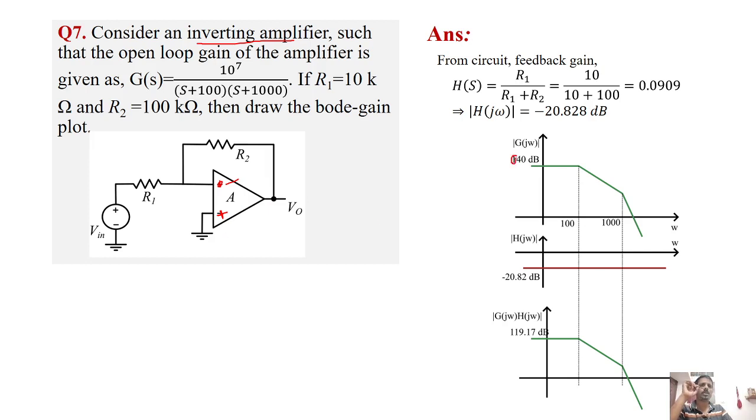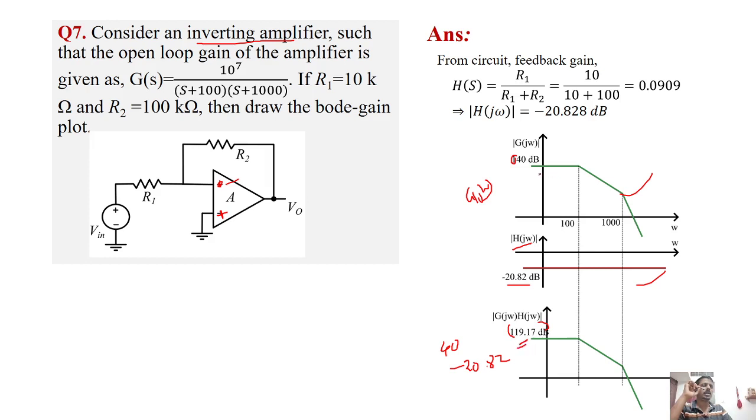This is actually 40. So this is G of j omega in dB, and this is H of j omega in dB, which I got as minus 20.82. What is the net value? I just need to add this and this, so 40 minus 20.82, some 19 point something. That will be the value here.